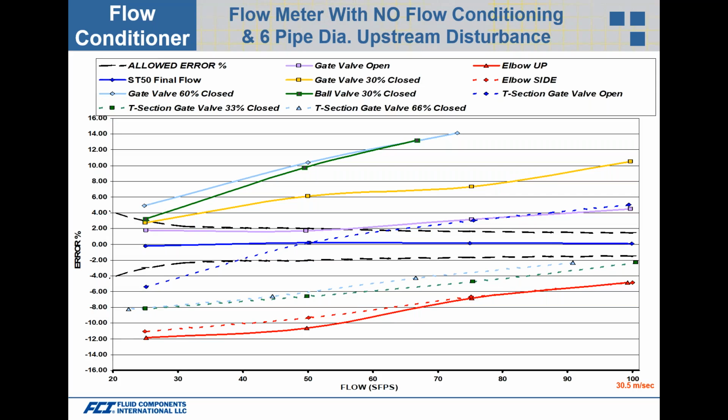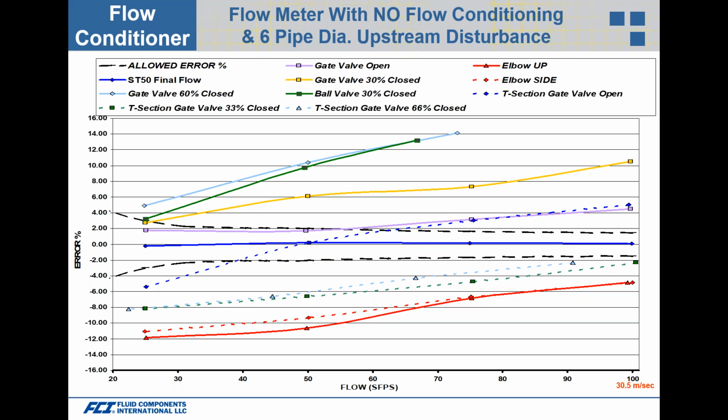Here, this is kind of a busy chart, but it does give you an idea of what effect different disturbances have. Here we have a flow meter with no flow conditioning, and 6 diameters upstream we have different types of obstruction. On the left-hand side of the chart you have your error percentage, and then you have increasing flow from left to right on the bottom.